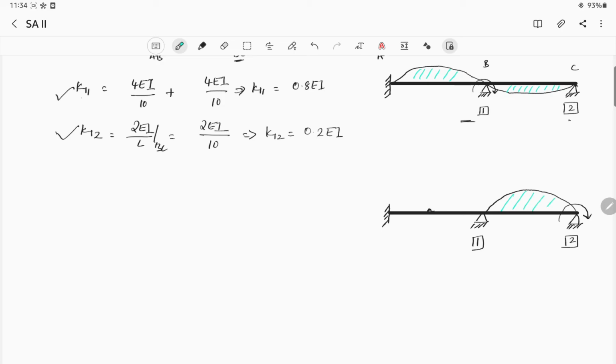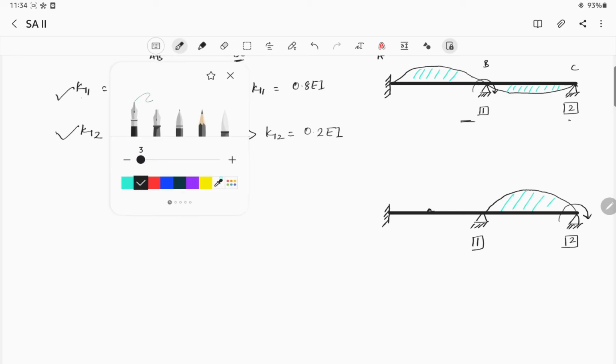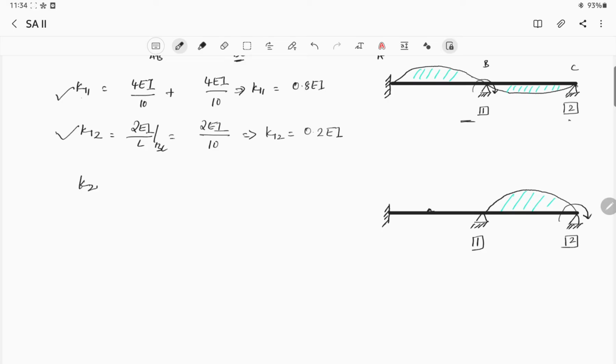All right, so we'll take down K21. K21 at this location is only 2EI by L for span AB. 2EI by 10 is equal to 0.2.